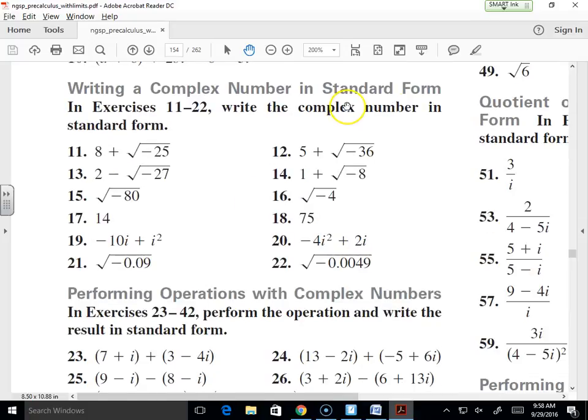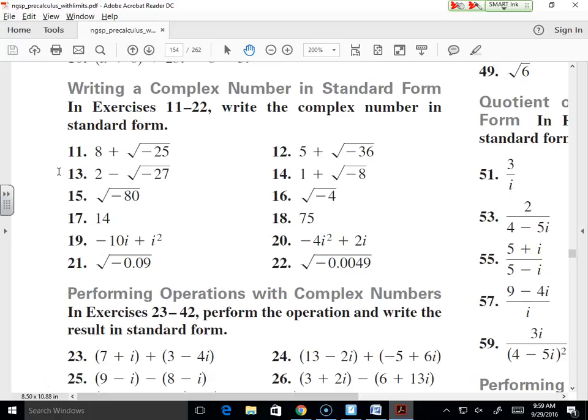13 says, write the complex number in standard form. Oh no. 27 is not a perfect square. What did you guys do? What times what is 27? That's a good start. 9 times 3. 9 is a perfect square.